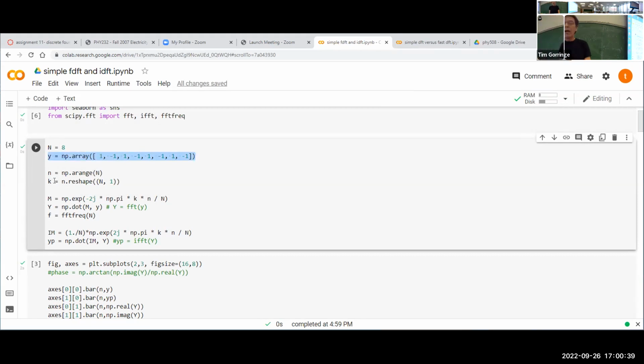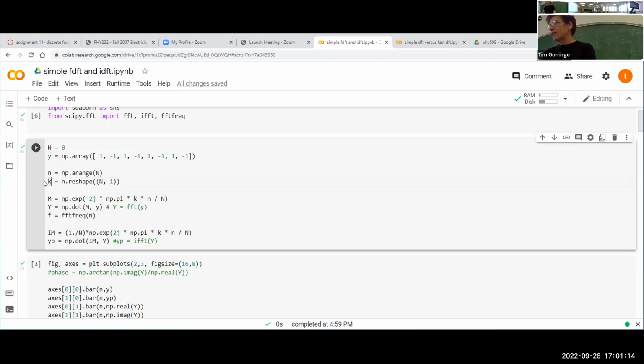For my matrix multiplication, I need to make some indices, a vector n and a vector k, that just count the array elements for me. Lowercase n just counts from 0, 1, 2, 3, 4, 5, 6, 7.